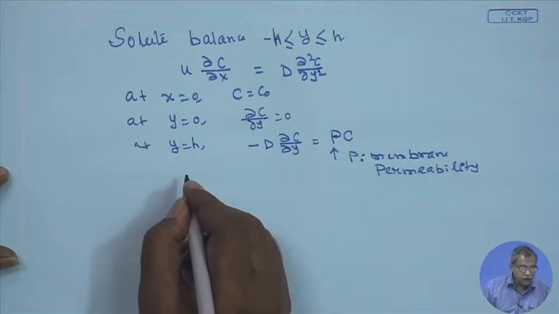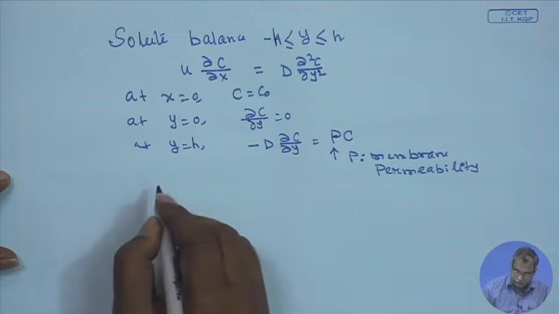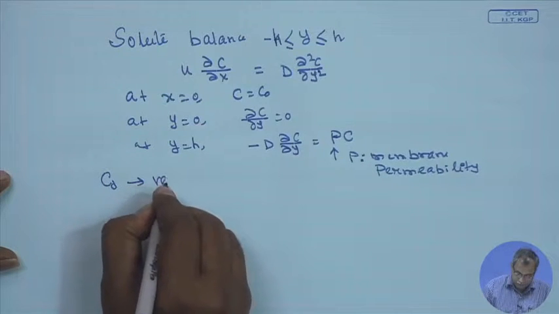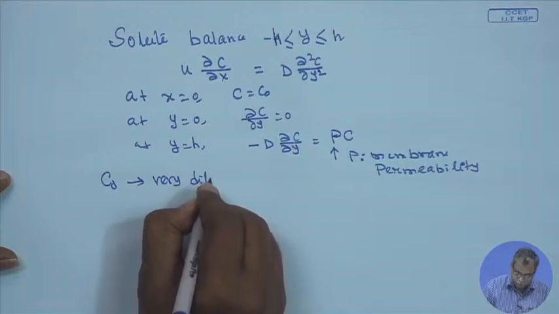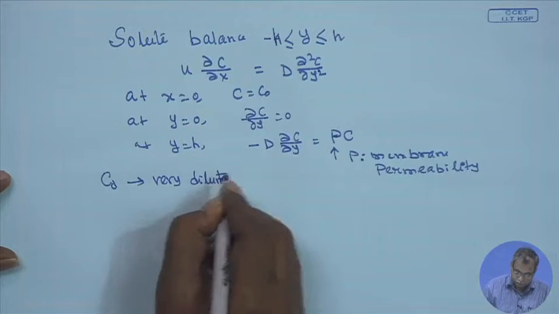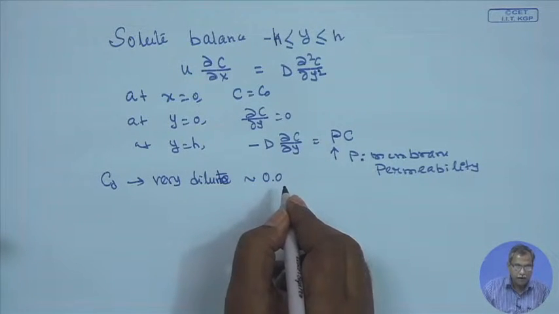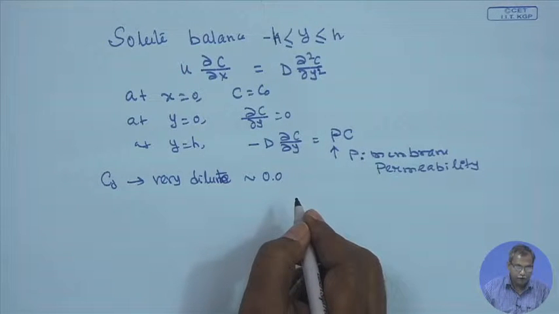We are assuming that the dialysate side concentration, CD, is extremely dilute and can be considered to be 0 at any point of time.